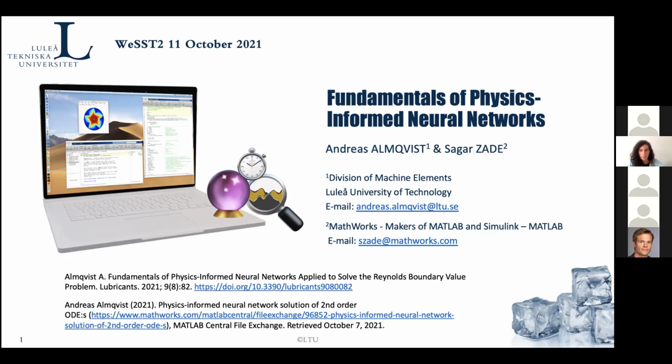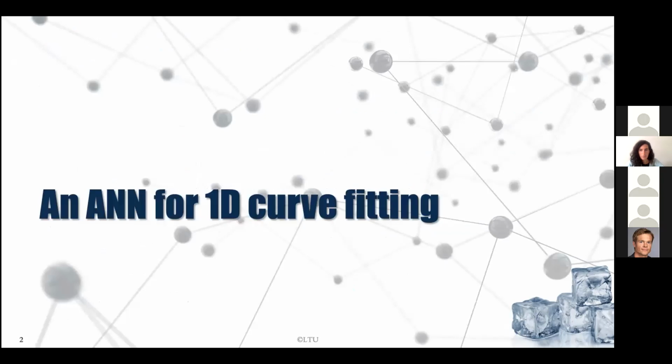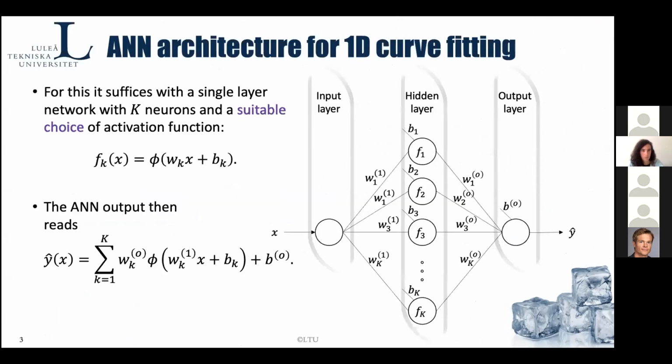But before we move into the world of physics-informed neural networks, let's lay the theoretical backbone by just having a simplistic 1D curve-fitting ANN. And for this, it suffices with having a very simplistic architecture, one hidden layer, k neurons, and a suitable choice of activation function.